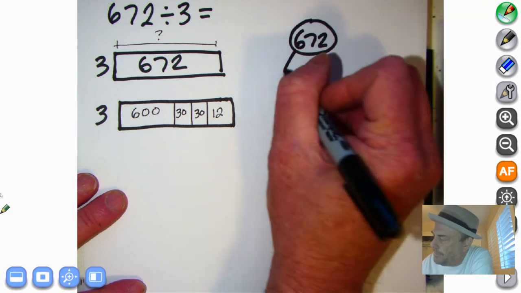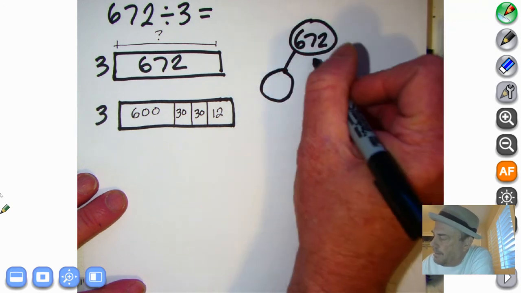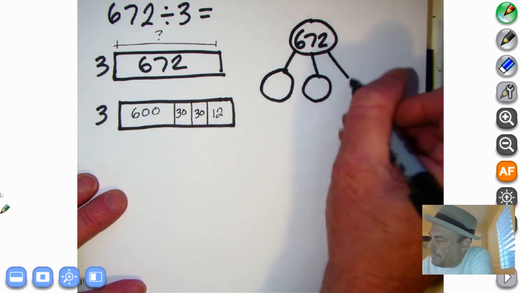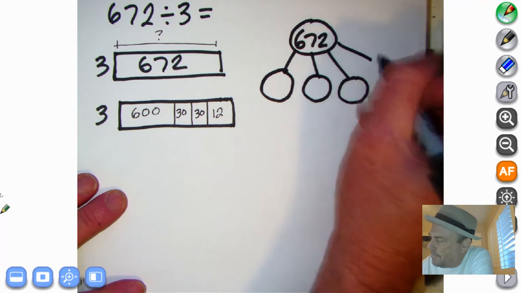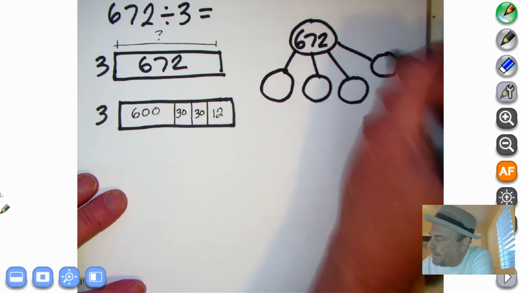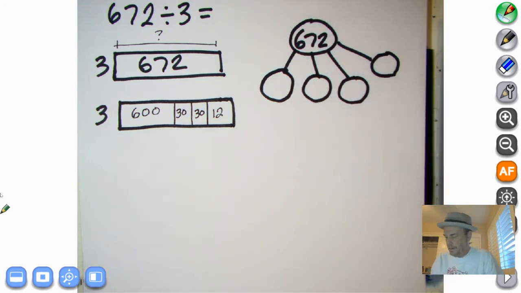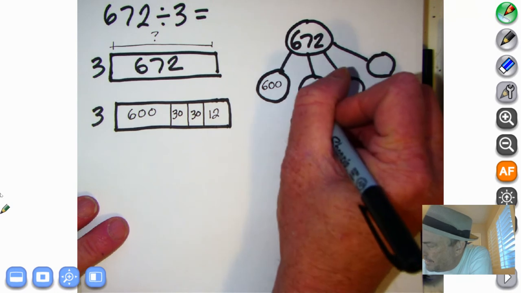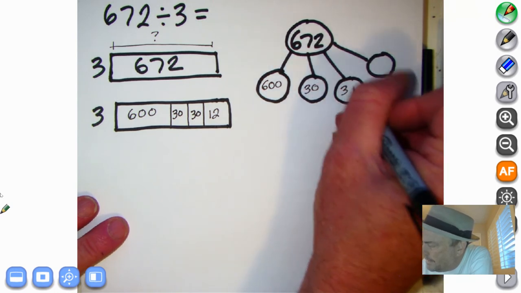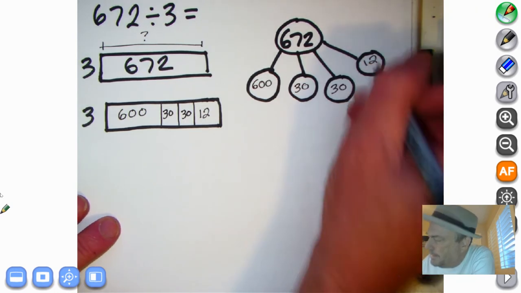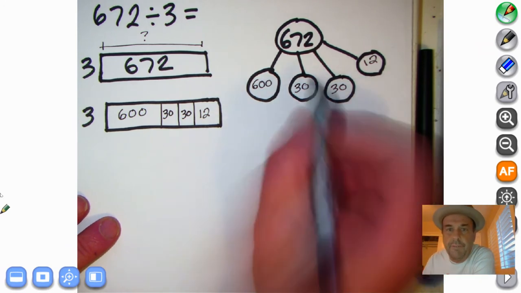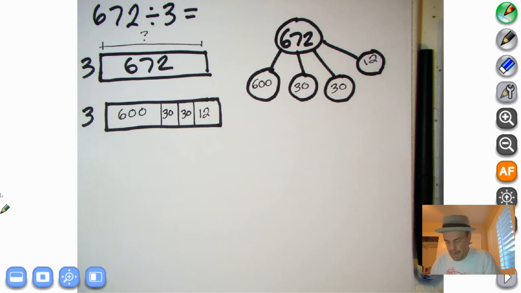We've broken it into 1, 2, 3, 4 pieces. And our pieces are 600, 30, 30, and 12. So we have 600 plus 30 is 630 plus 30 is 660 plus 12 is 672. Making sense? I hope so.